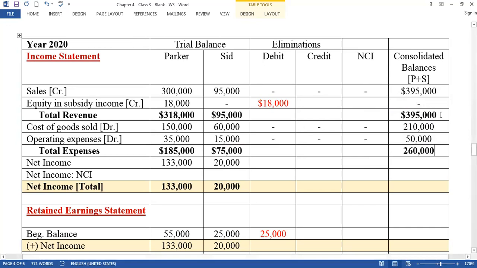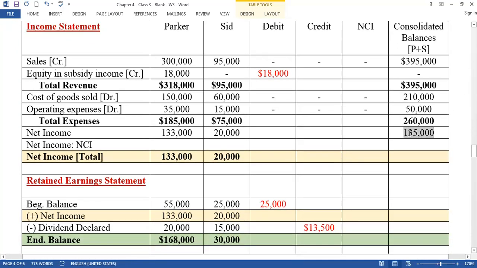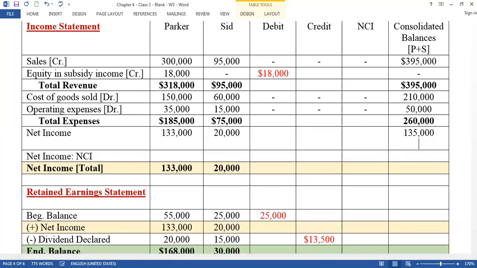$160,000. So look at here, revenue minus expense equals net income, right? So net income is $135,000. Now it is important. Look, this $135,000 means that it is P plus S, right?